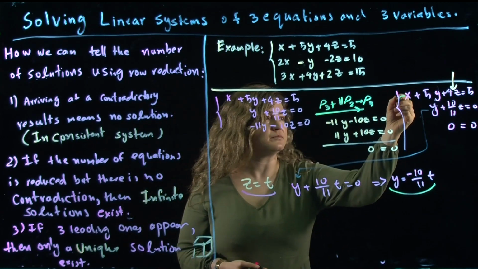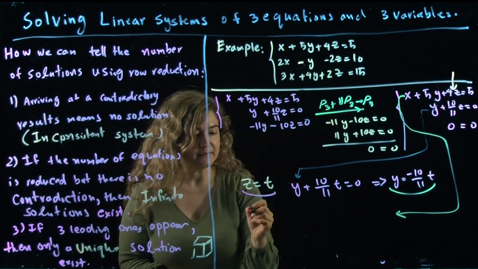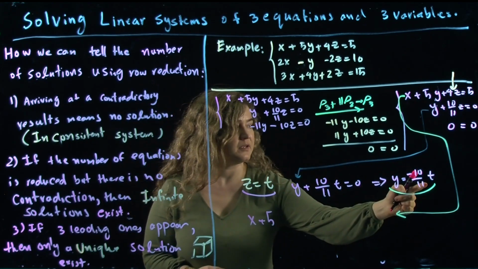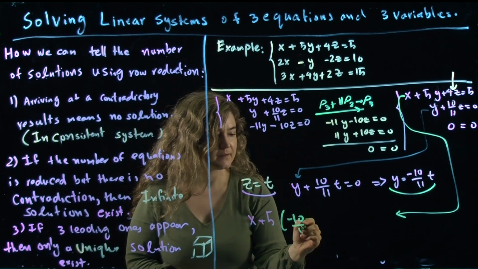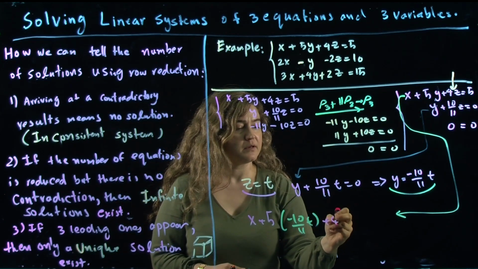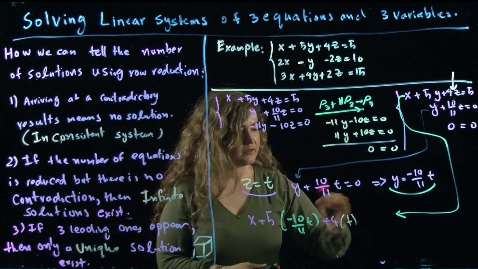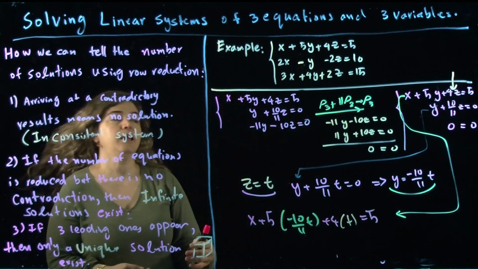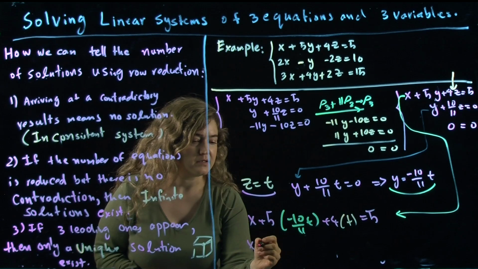And so in here, x plus 5, plug in what you found for y, plus 4, plug in what you found for z, equal to 5. And solve for x.